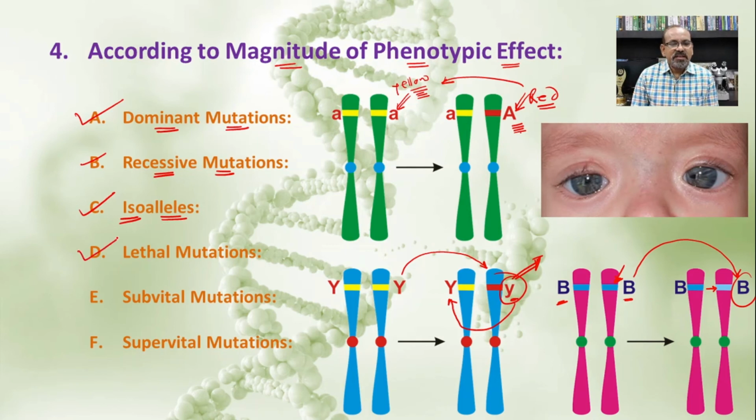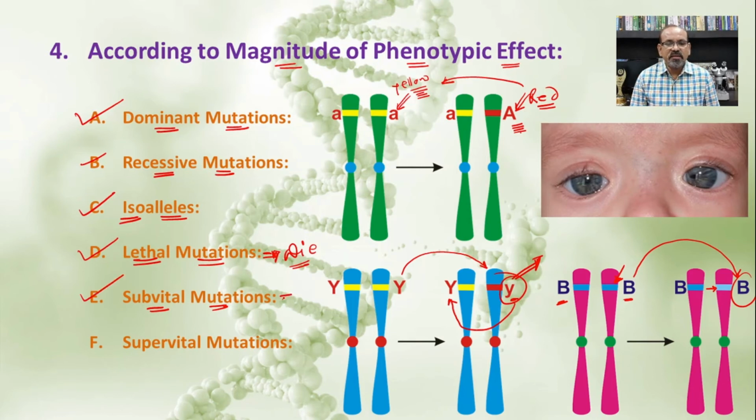Then the next one is the lethal mutations. In a lethal mutation, the organism in which the mutation occurs will die. Such a type of mutation, after which the organism dies, is known as a lethal mutation. Again, there are subvital mutations which are related to lethal mutations.